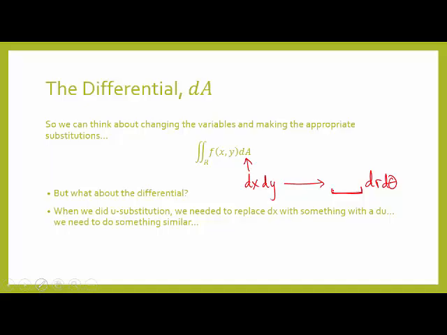Now, this idea of a derivative here is a little bit more complicated than partial derivatives, because with partial derivatives, we have one function and two variables. And so our output comes out to be fx or fy. Our function f has two variables, x and y, and so we have those two derivatives.